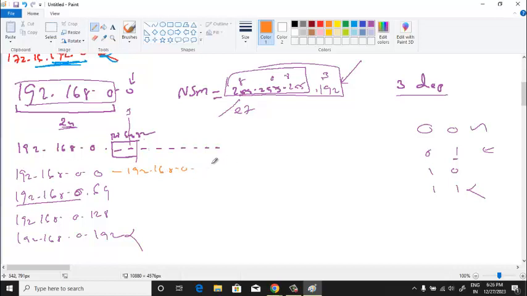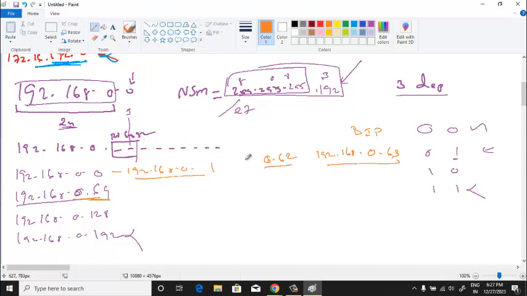And the broadcast will be 1 less than this, which will be 63, 0.63. This is the first one. This is the broadcast IP. And the last will be 0.62. You agree?